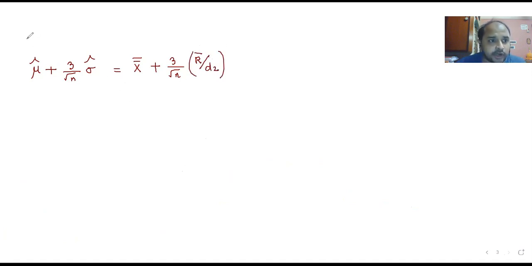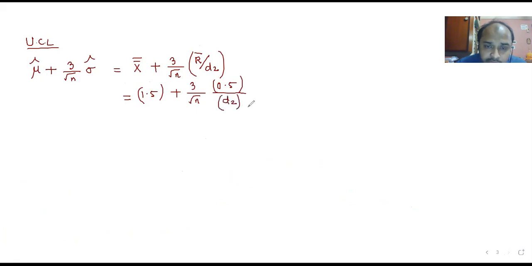So if you talk about UCL, we have calculated X bar, which is 1.5, plus 3 by root n, R bar is calculated 0.5, divided by D2. What is D2? And if you talk about LCL, the same thing, mu cap minus 3 by root n sigma cap, which is X bar minus 3 by root n R bar by D2.